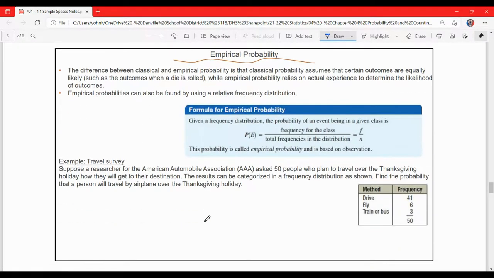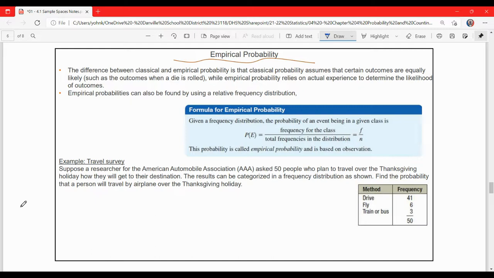Okay, so now let's move away from classical probability, which remember is saying that every outcome has an equally likely chance of happening, and move on to something called empirical probability. The difference is that classical assumes everything is equally likely, but empirical probability relies on actual experience to determine the likelihood of outcomes.